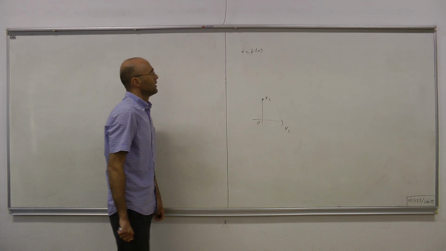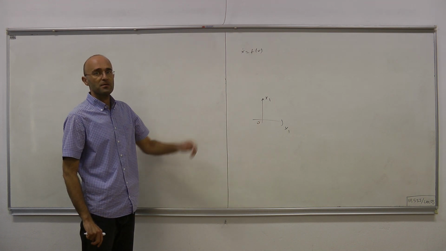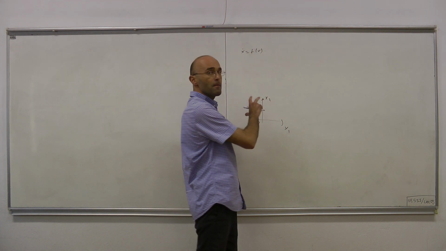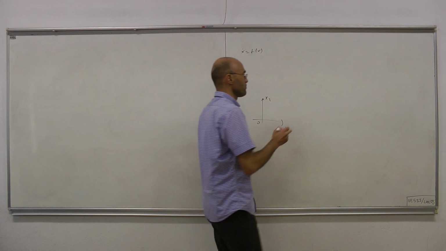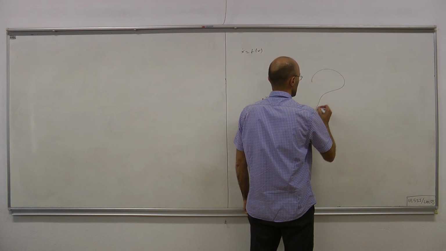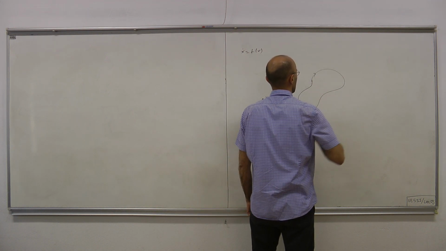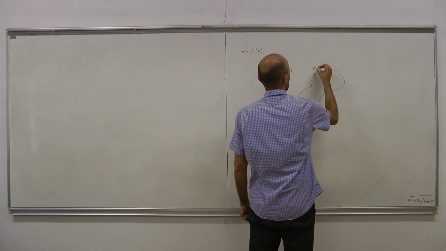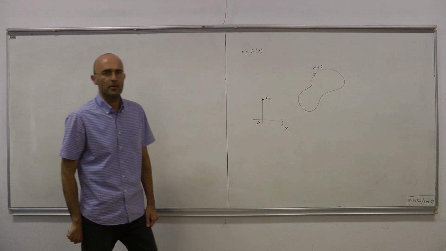Now, if this system possesses a periodic orbit, it means that on the x1, x2 plane there is a closed trajectory, which we call the periodic orbit.